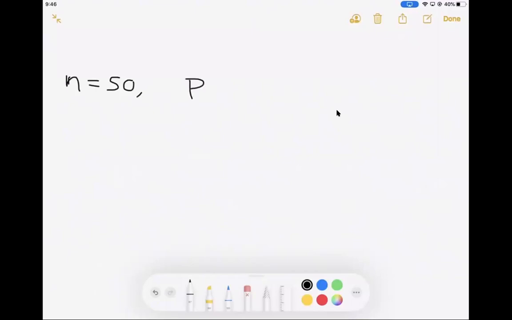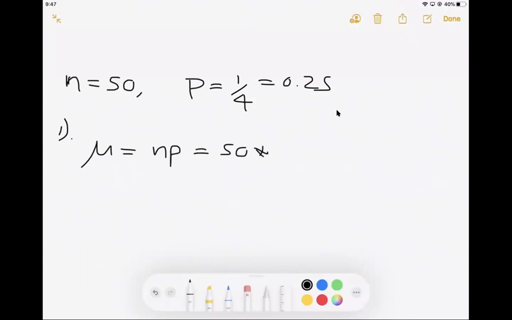Then what is your p, it's 1/4, that means 0.25. Then the first part is we have to find the mean. What is mean? Mu is n times p. n is 50 times 0.25.